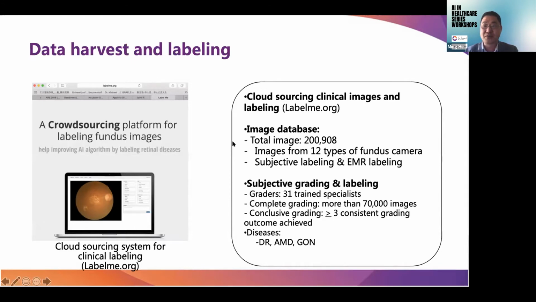We collected 200,000 images from 200,000 patients at 25 eye hospitals in China. We used both EMR labeling, where we use the clinical data to label the images, and subjective labeling, where we invited 31 trained specialists to label the images. We managed to label 30,000 images, and we consider a label conclusive or correct if three consistent grading outcomes are achieved.